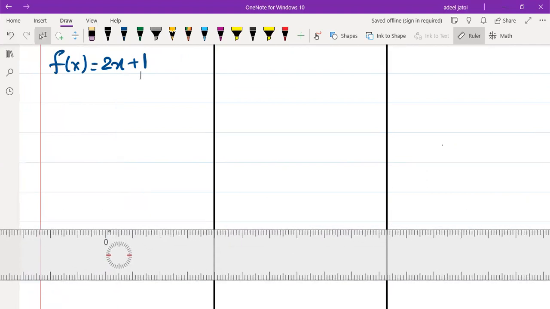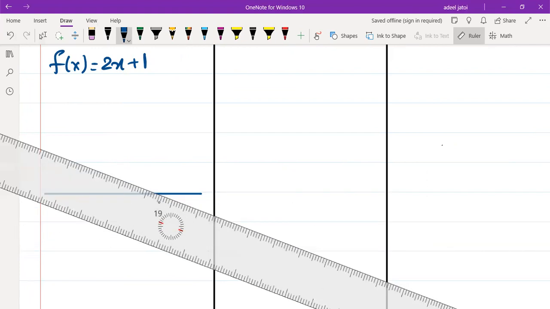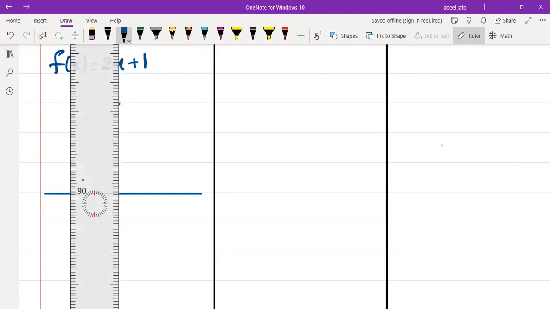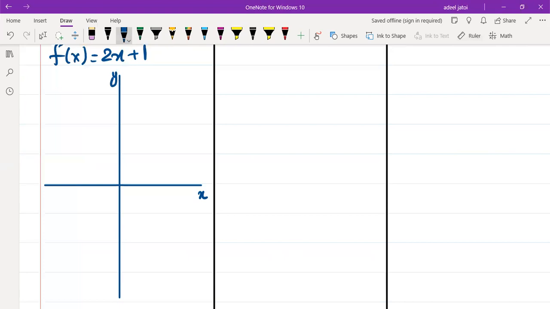So if we say that we have x-axis and y-axis. This is your x-axis, this becomes your y-axis.